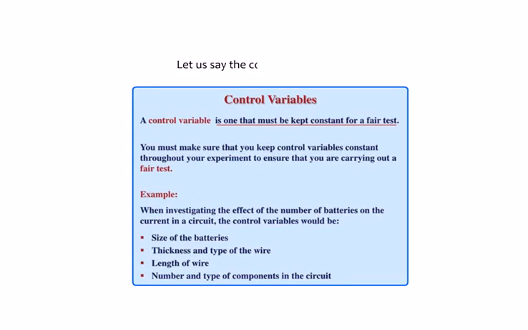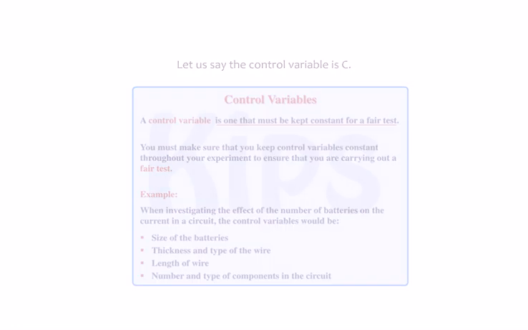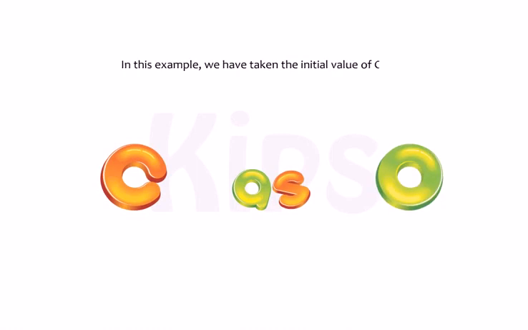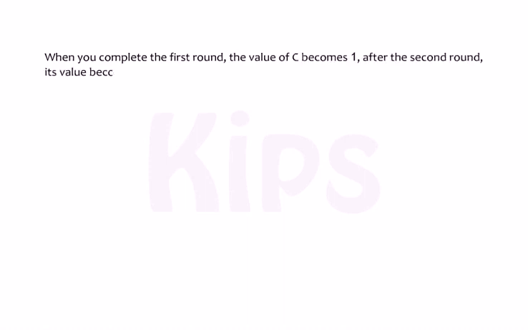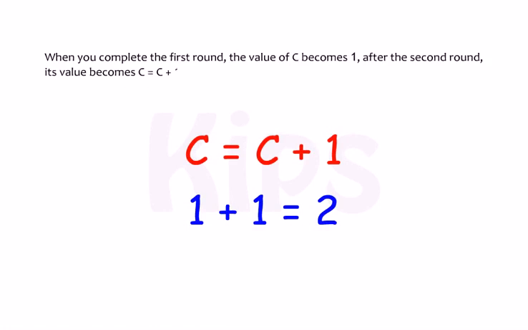Now, let us analyze the above example using programming to understand looping. Let us say the control variable is C. In this example, we have taken the initial value of C as 0. When you complete the first round, the value of C becomes 1. After the second round, C = C + 1, that is 1 + 1 equals 2, and so on.